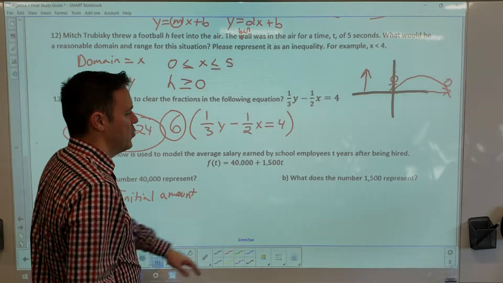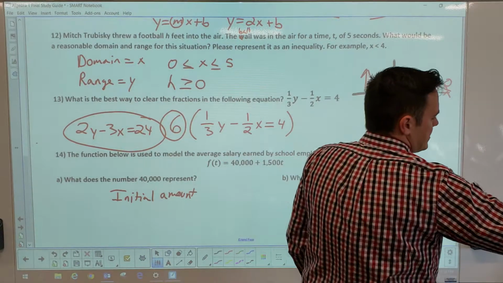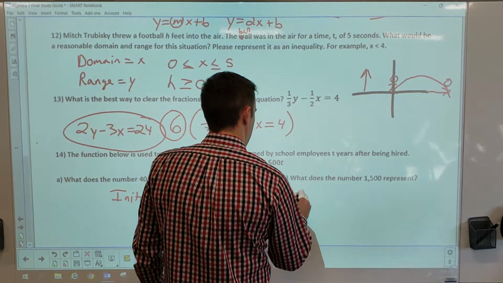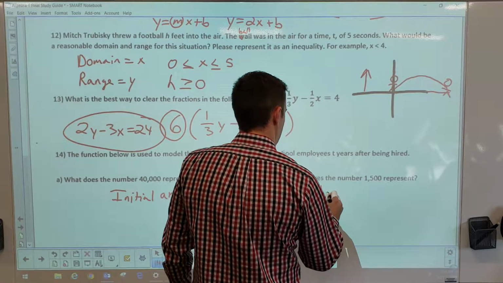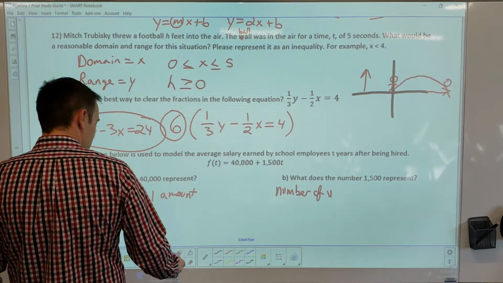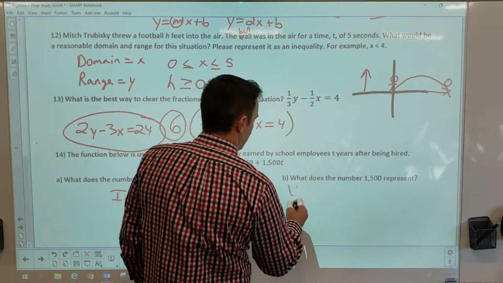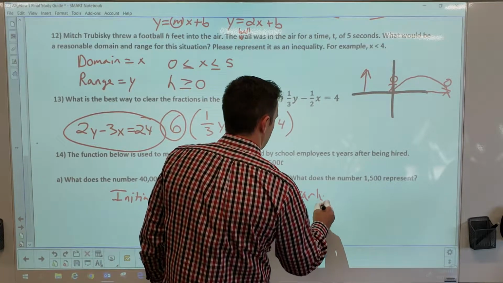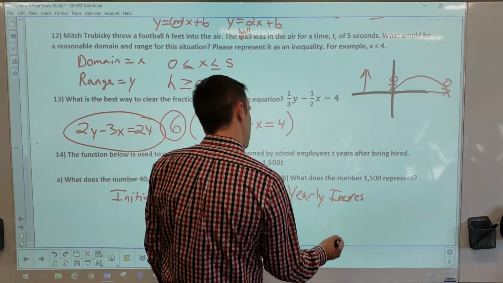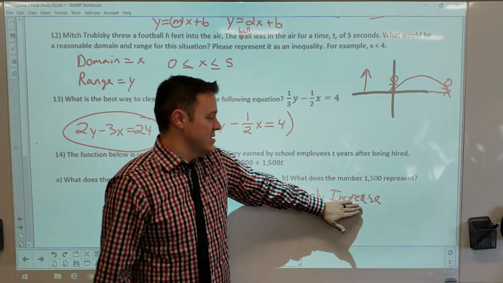And then what does the number 15,000 represent? That represents... oh wait, sorry, I'm writing that wrong. 1,500 represents, ladies and gentlemen, your yearly increase.